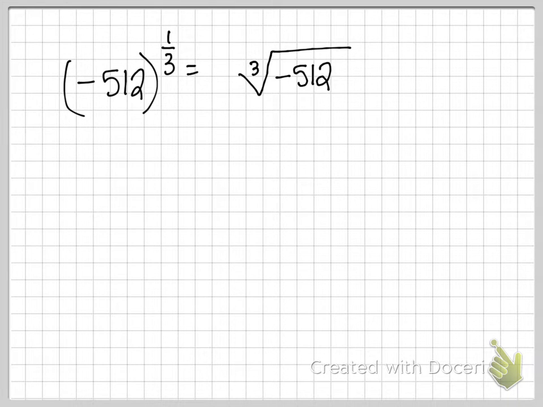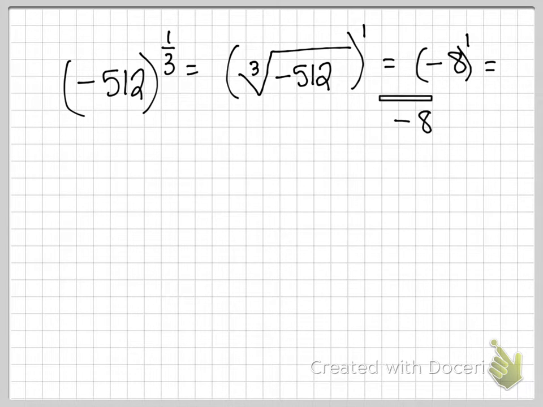And the exponent is 1. So to simplify, the cube root of negative 512 is negative 8, and we take that to the first power. So simplified, this is just negative 8.